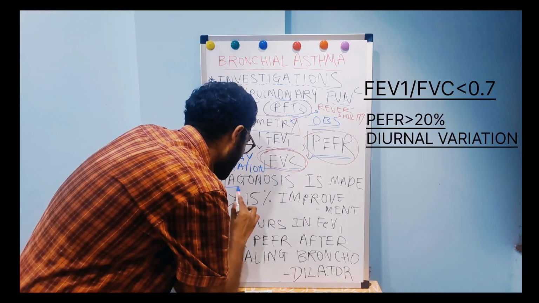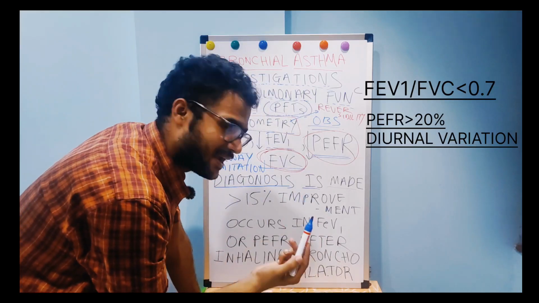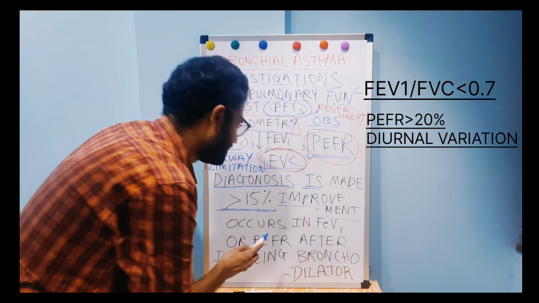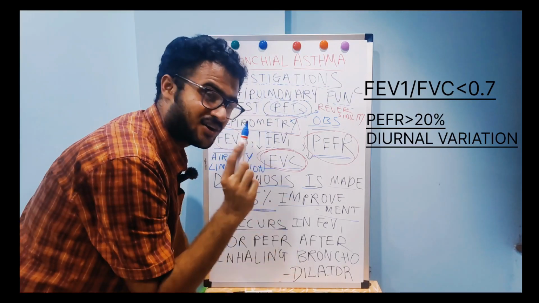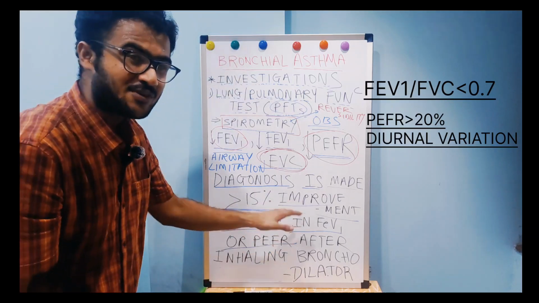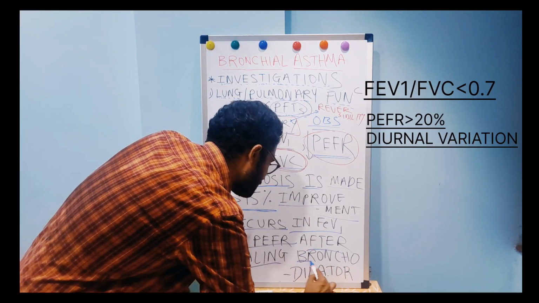Diagnosis of bronchial asthma is made when there is greater than 15% improvement in FEV1 or PEFR after giving an inhalational bronchodilator.